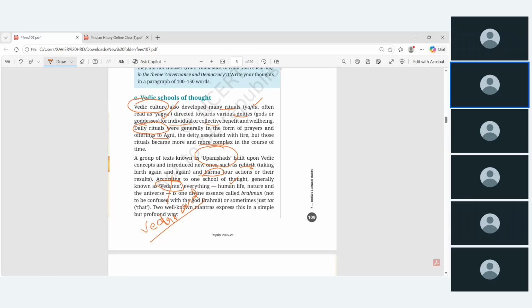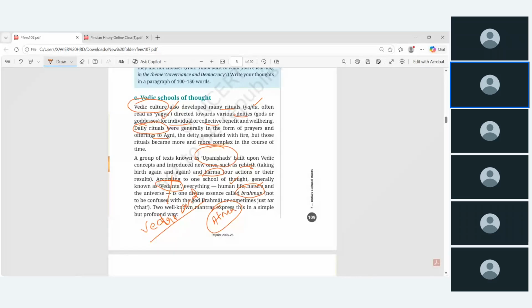One more main concept given by Vedanta is Brahman. Brahman means the source of creation. It is not Brahma, it's Brahman. Then another is the Atma, Brahman and Atma. There is a story in this book about Brahman and Atma that we will see now.